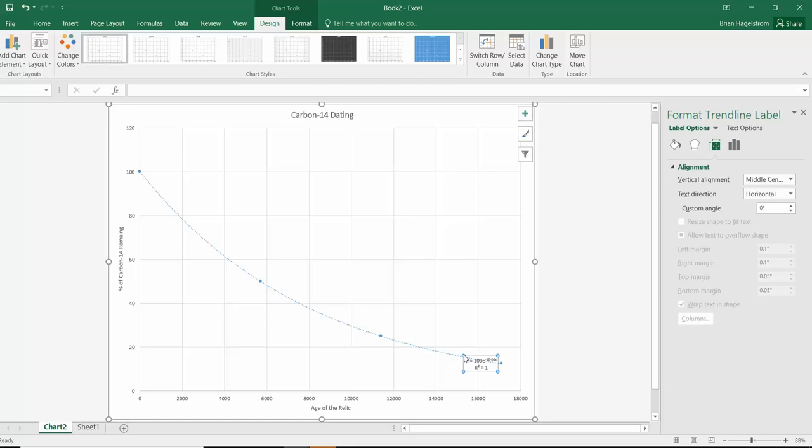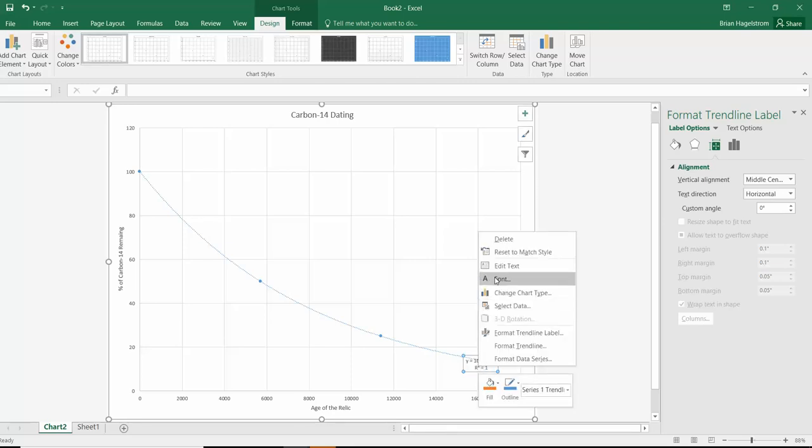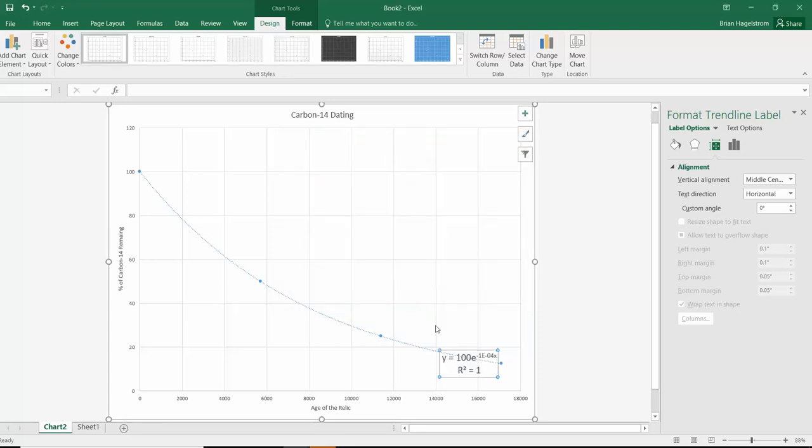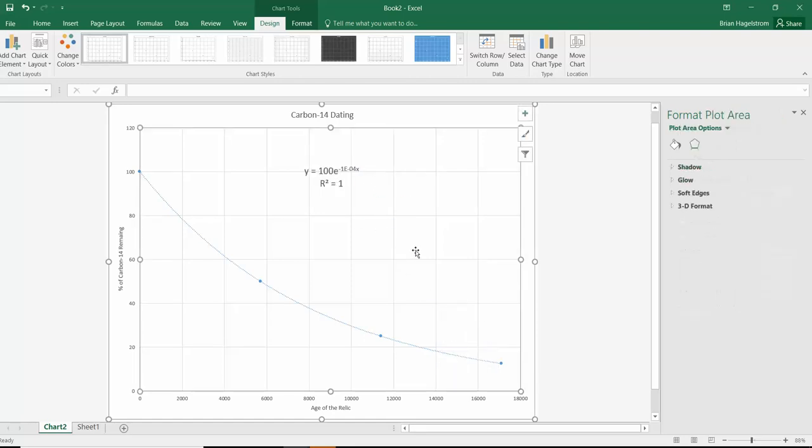I'm going to go ahead and move it and increase the font. There we go. Oh, that's not looking too useful.